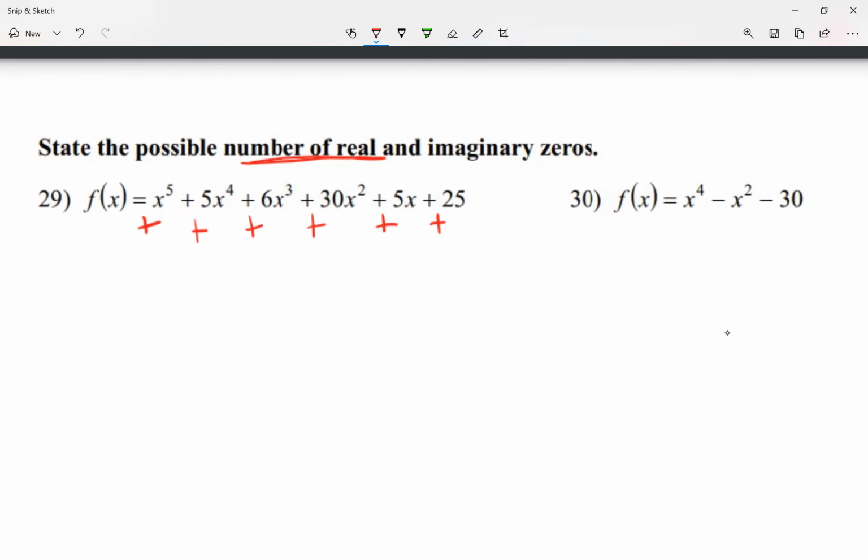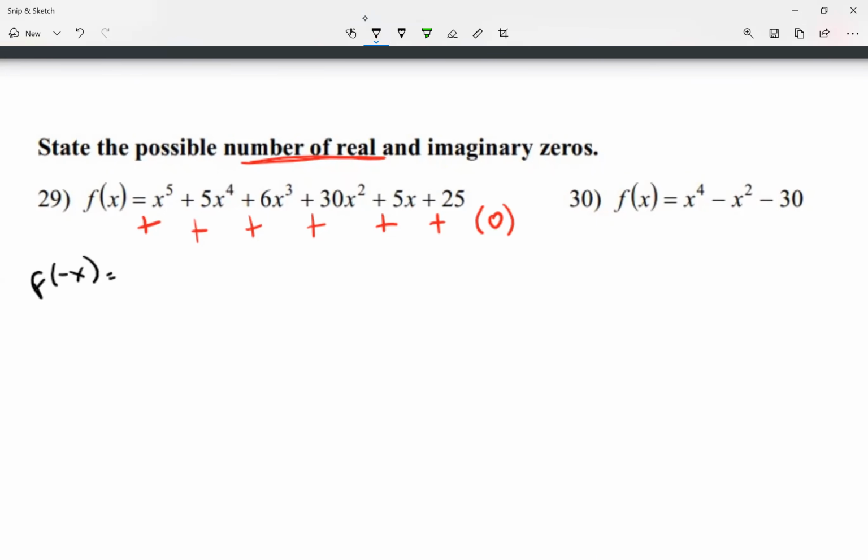So it seems like the sign never changed, right? So according to Descartes, on the right side of the y-axis, this thing will never cross the x-axis, right? It didn't change signs.